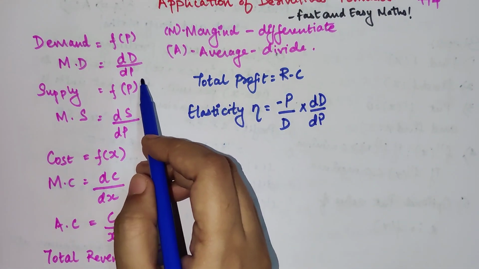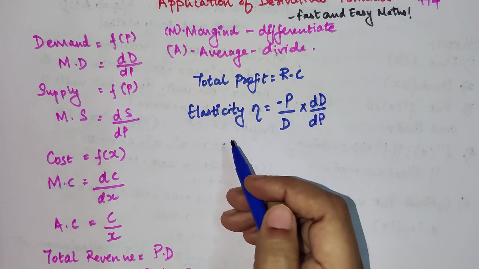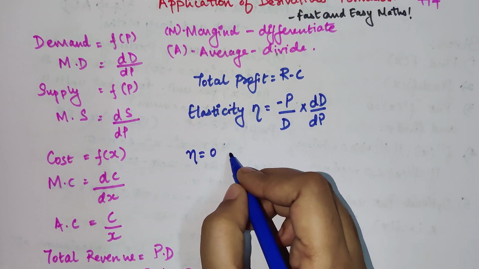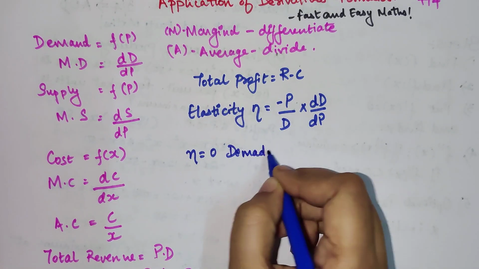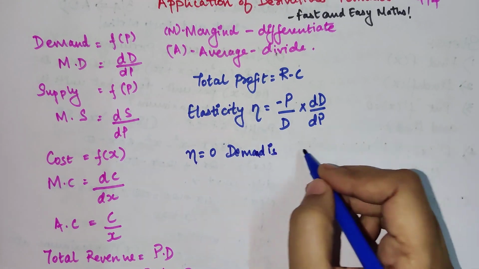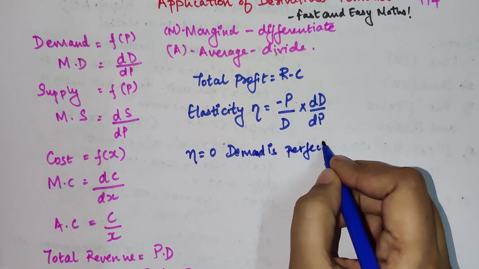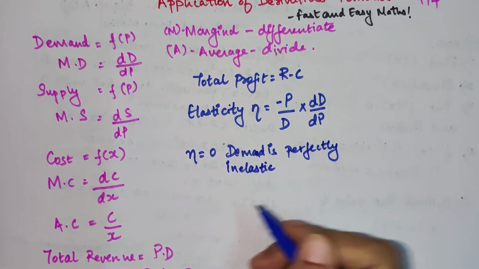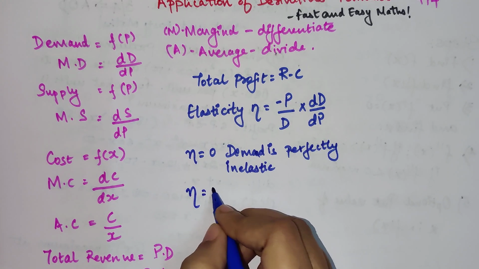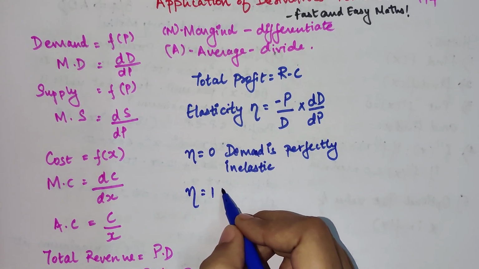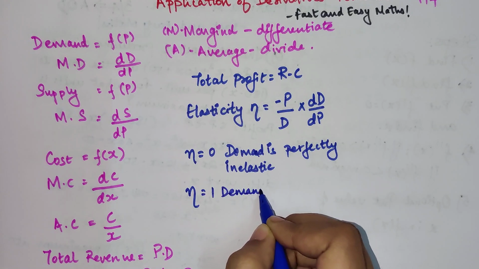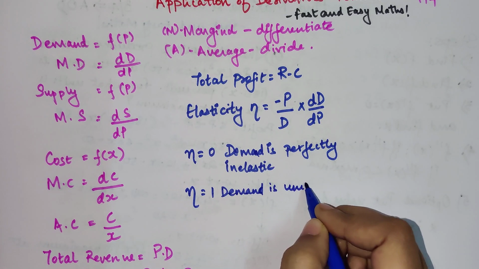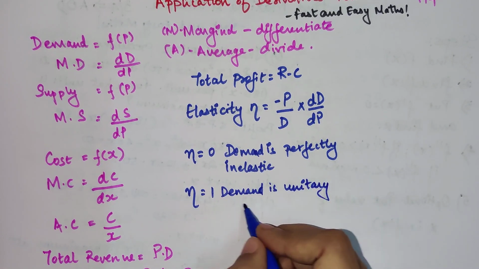Now here you need to understand that if nu is equal to 0, then you can say that demand is perfectly inelastic. If nu is equal to 1, we'll say demand is unitary elastic.